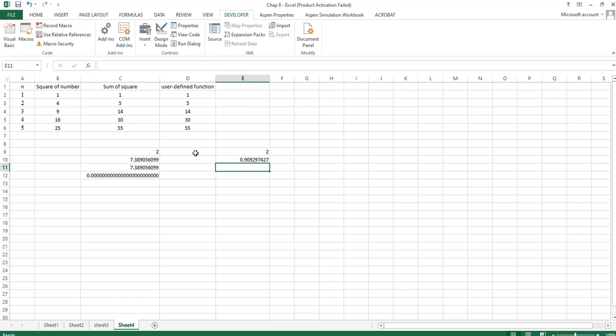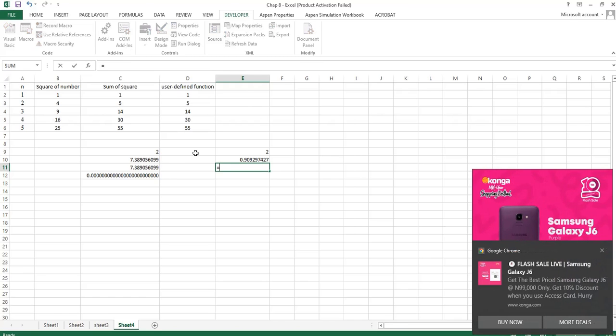So we have 0.9099. Now let's look at the Maclaurin series for sine, E9, bracket close, enter. When you look at the difference, this value minus this value, the difference is 0.